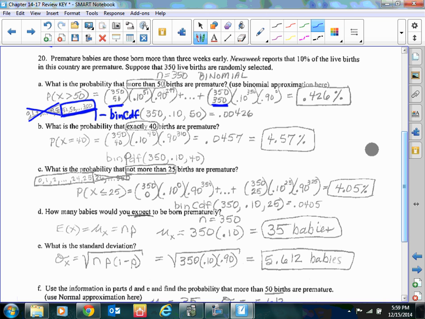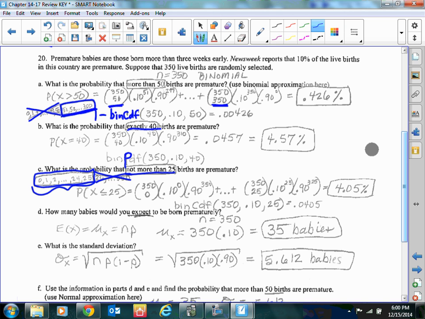What's the probability of exactly 40? So you fill out the formula. This is a binomial PDF because it is in particular exactly 40. What's the probability of not more than 25? So I do not want more than 25. It helps me to think, okay, I don't want the 26 to 350. The calculator will accumulate from the bottom, and I want 0 up to 25.